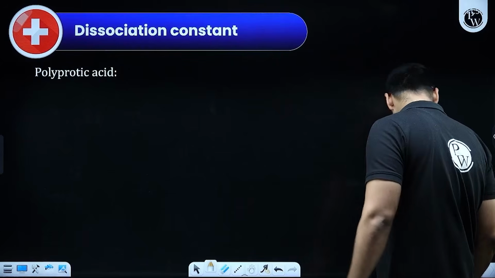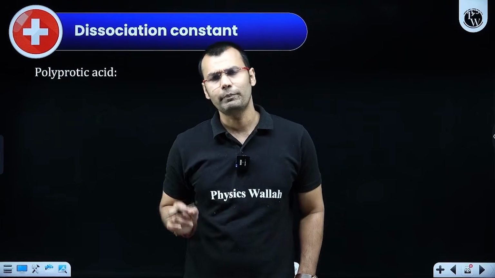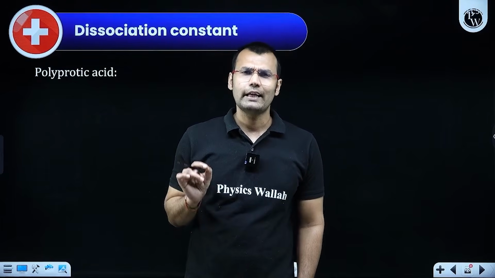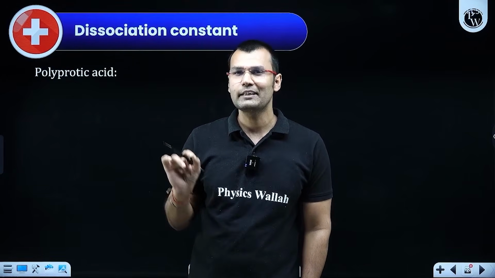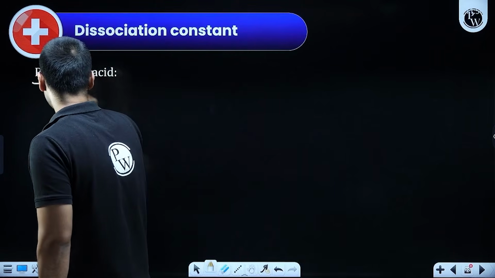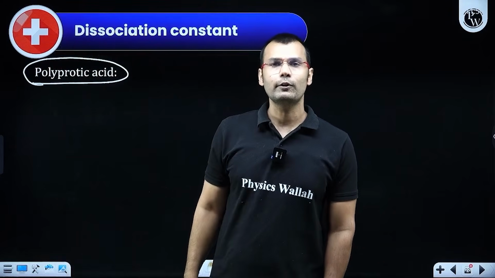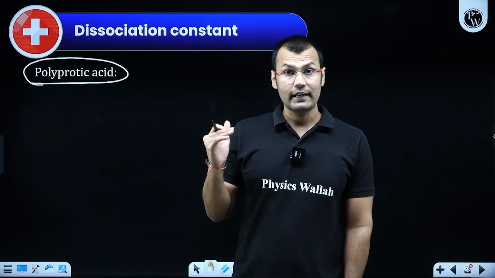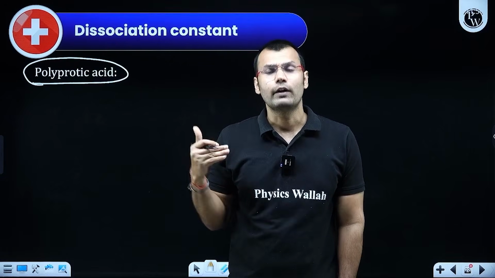So, talking about dissociation constant, there is a topic which most of the time we forget to learn, right? But now we can't skip that. The point is, we have the concept of polyprotic acid. First of all, what is the meaning of polyprotic acid, students? Those acids whose N factor is greater than 1, right?